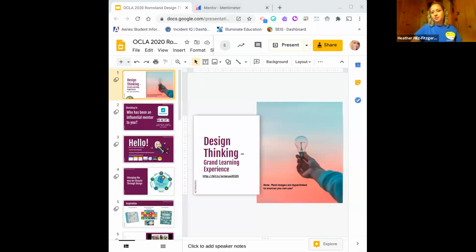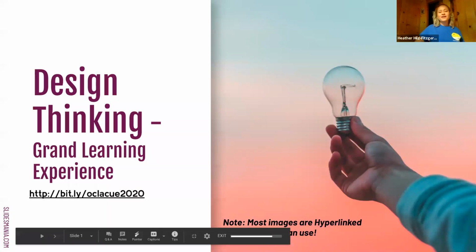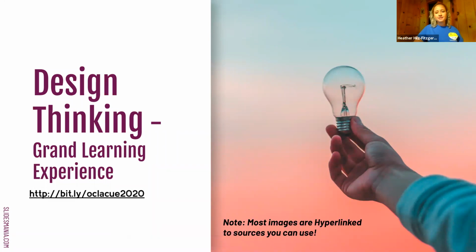Now we can see, thumbs up. Awesome, thank you. So again, design thinking, the grand learning experience. When you have access to this slide deck, a lot of the images are going to be hyperlinked, meaning you'll get other resources based off of the topics we'll be talking about around design thinking.